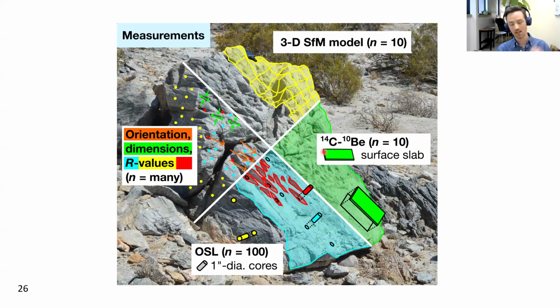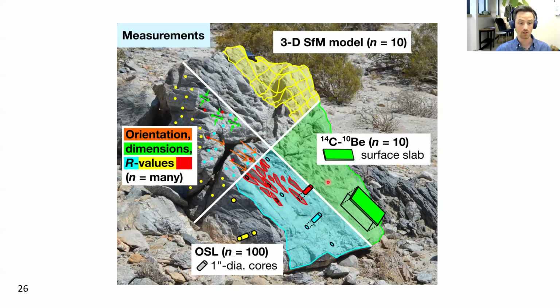This is because it's expensive relative to what we're doing with luminescence, and it's relatively time-consuming. And so we're just going to be targeting the abrasion faces of these ventifacts. But with luminescence, it's relatively cheap. You can drill down into these rocks, wafer them, measure them on the instrument, and there's very little disposable cost.